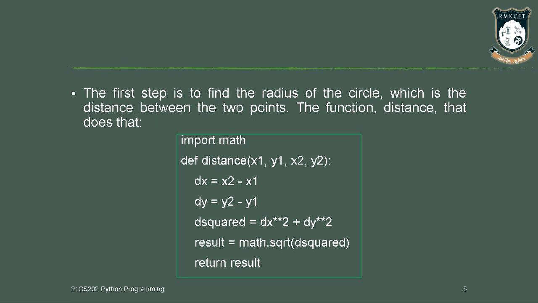Here we give four values, then do the calculation using the Pythagoras theorem. As a result we get a single value as the output.